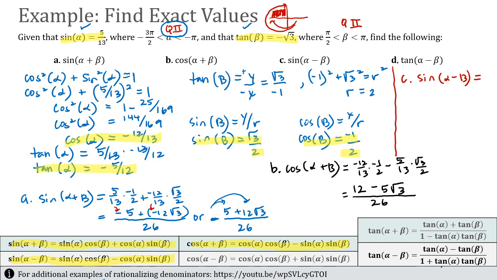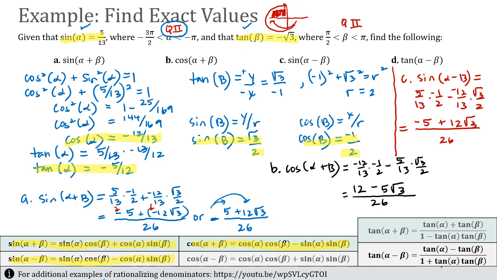Sine of alpha is 5 over 13 times the cosine of beta, times negative 1/2, minus the cosine of alpha. Cosine of alpha is negative 12 over 13 times the sine of beta, which is square root of 3 over 2. What does that equal? Again, we've got that 26 down in the denominator, and so I'm going to put that all over. Looks like I'm going to have negative 5 plus 12 times the square root of 3.